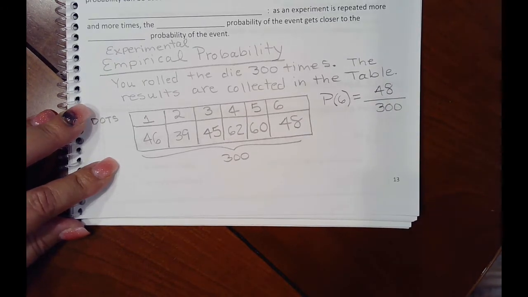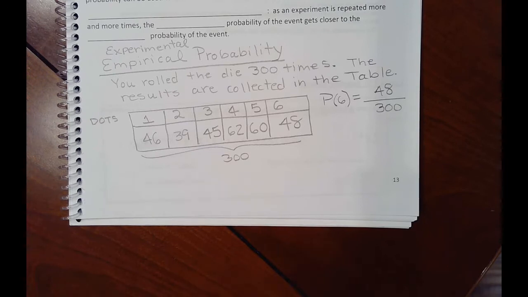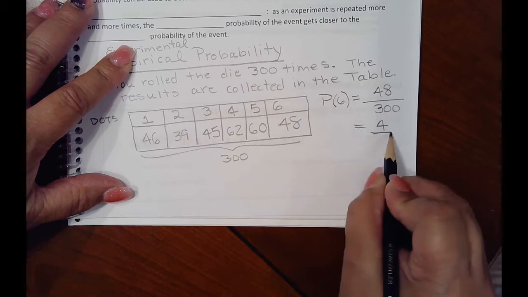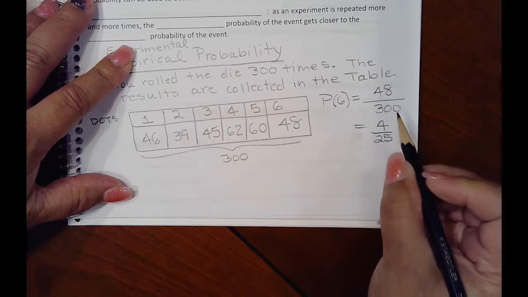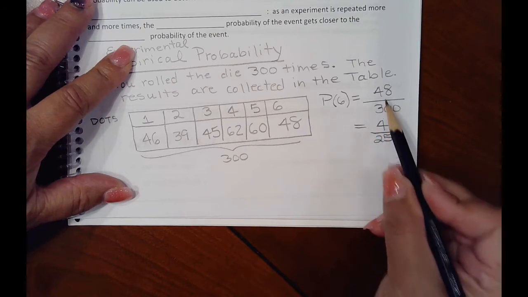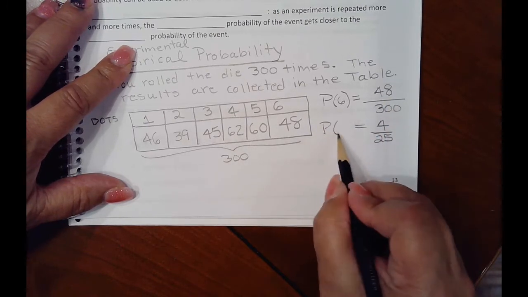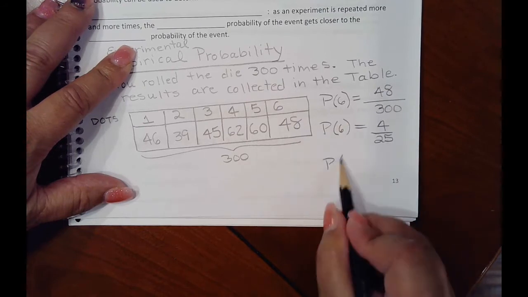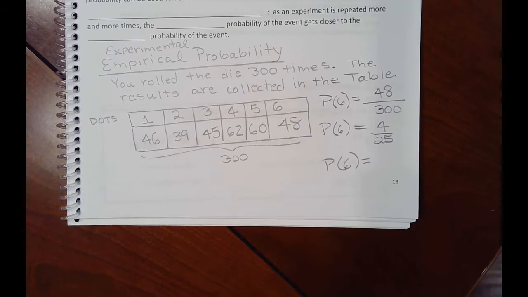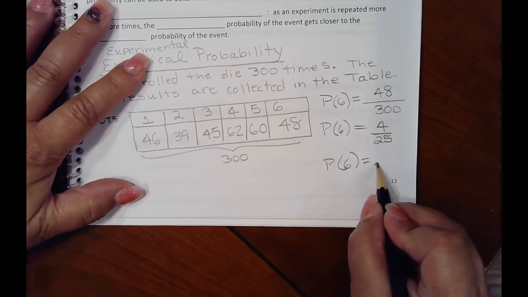And you can even give that as a decimal. You could reduce that fraction, and it would be 4/25. You can even give it in decimal form. You could either enter this divided by this, or you could enter this divided by this, because this and this are equal. So you can give your probabilities in decimal form even. 4 divided by 25 is 0.16.